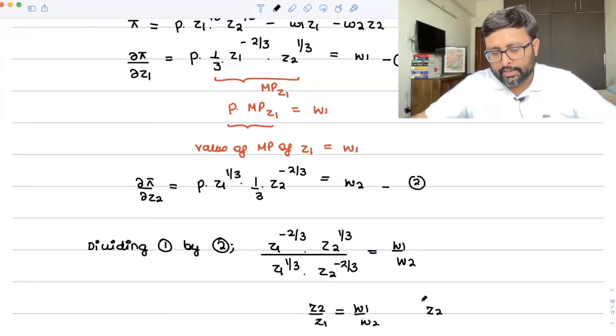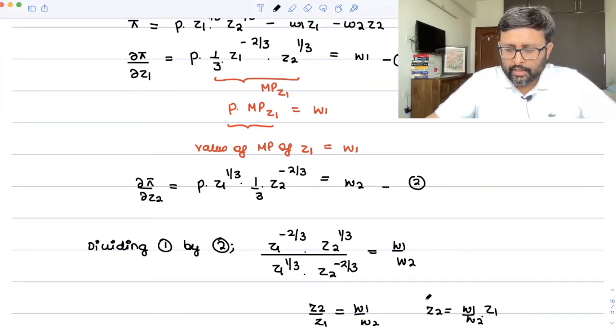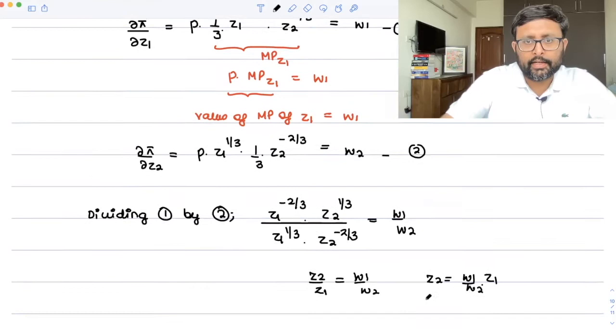How is it that I can write this? I can write Z2 as W1 by W2 Z1. Now you can substitute this in the second expression. You can just do that in the second expression.